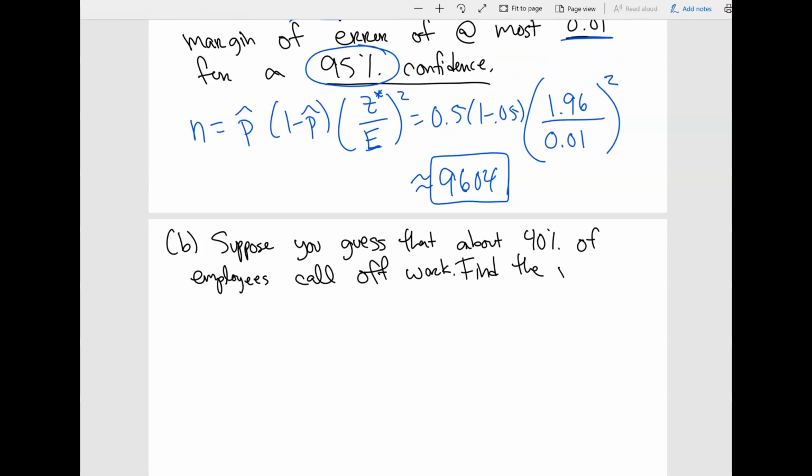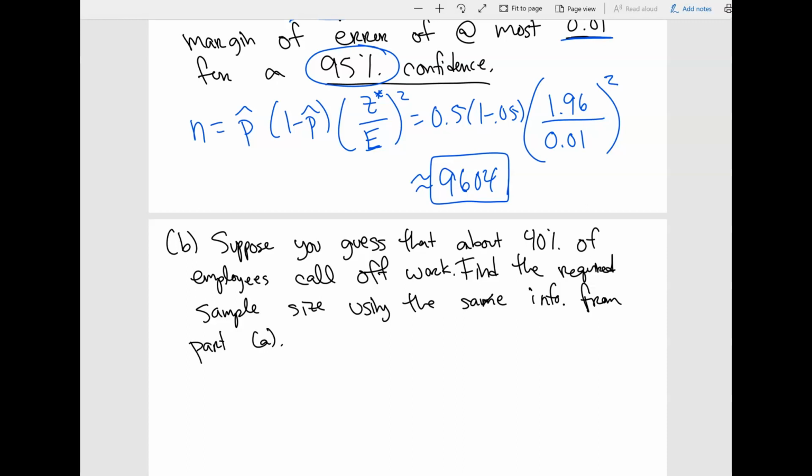Find the required sample size using the same information from part A.